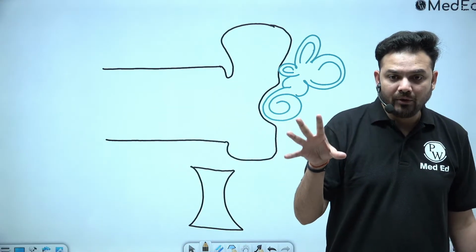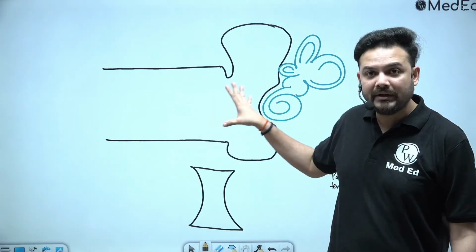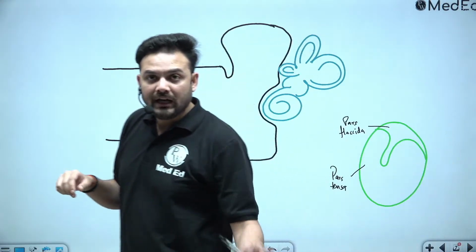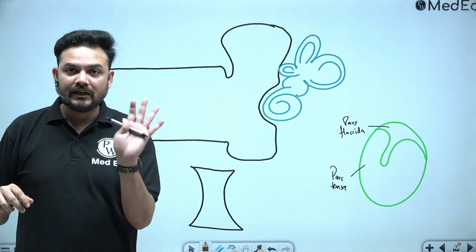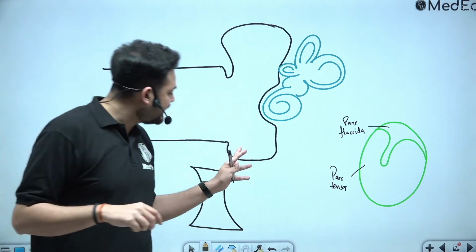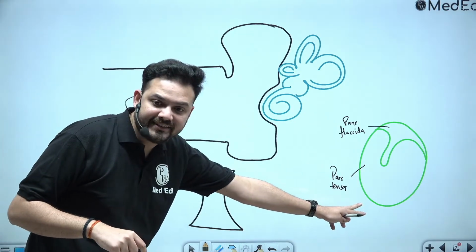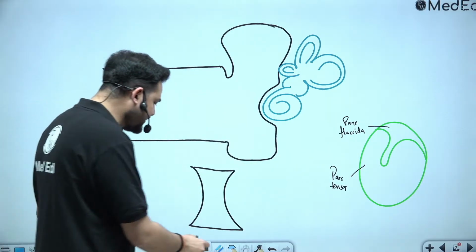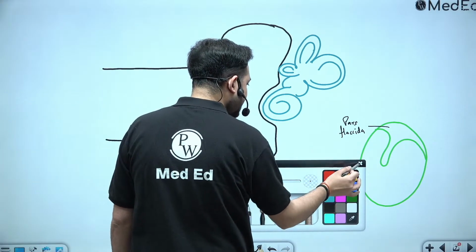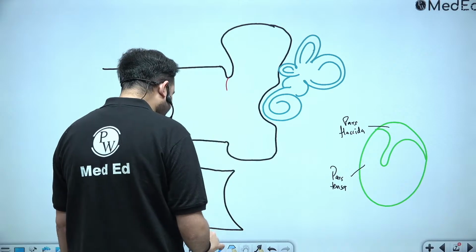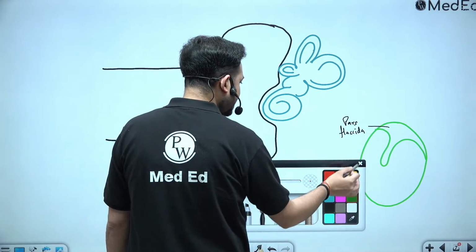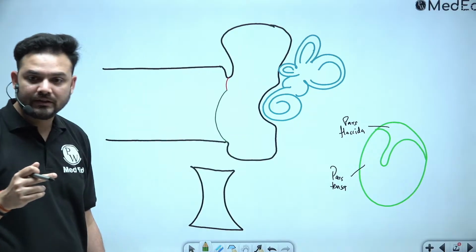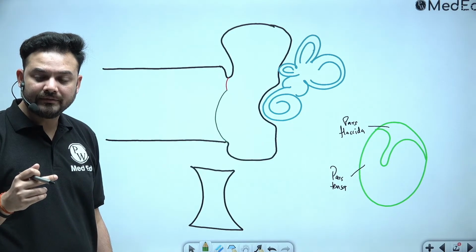So now you've got an inner ear compartment, a middle ear compartment, and an external ear compartment. Now comes the next part. There is a pars flaccida, and there is a pars tensa. There is a pars tensa, there is a pars flaccida. Okay? Right?